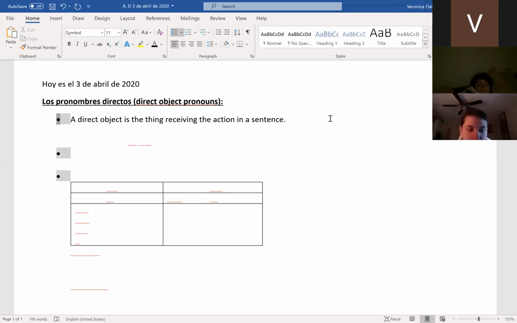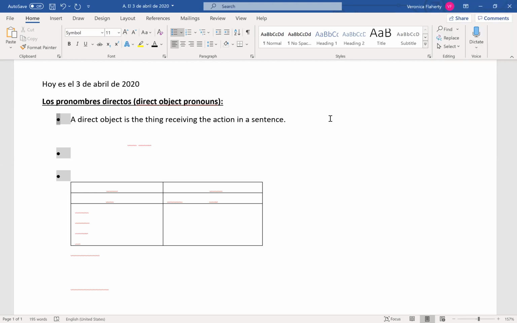That's what makes a statement a sentence. Having a person doing something makes it a sentence. Sometimes that's all there is. Like you can say, I ate, and that's a sentence. But you can add other things. I ate a sandwich. I is the subject, ate is the verb, and the sandwich is the thing receiving the action. So that's the direct object.